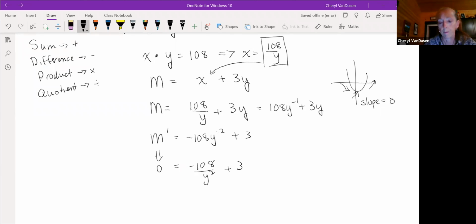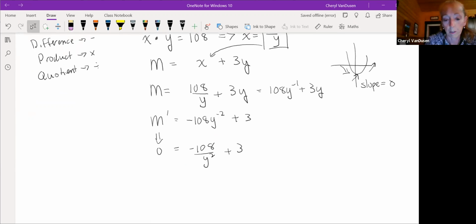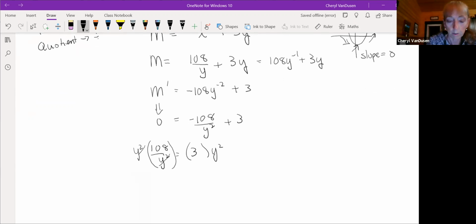Okay, so I think the best way to go about solving this is to move the 108 over y squared to the left-hand side. I change the sign, and then I multiply both sides by y squared. So then this cancels, and I get 108 equals 3y squared.